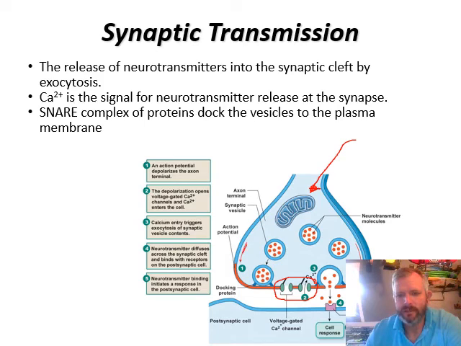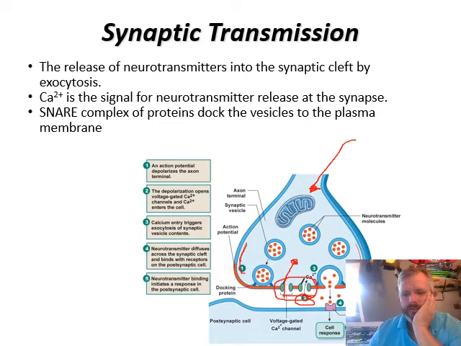So the action potential comes down to the terminal, and that cues the voltage-gated calcium channels. Calcium is high outside compared to inside the cell, and therefore calcium is going to rush in. Calcium comes rushing in.